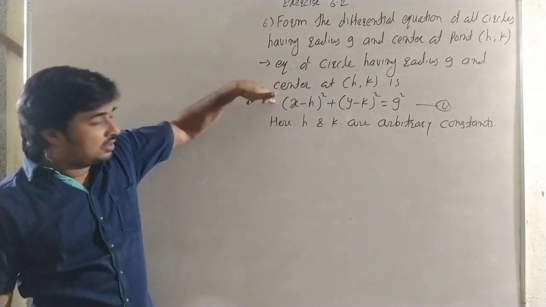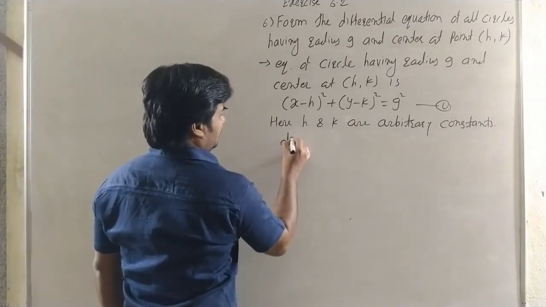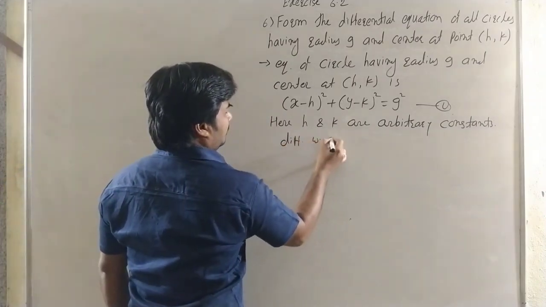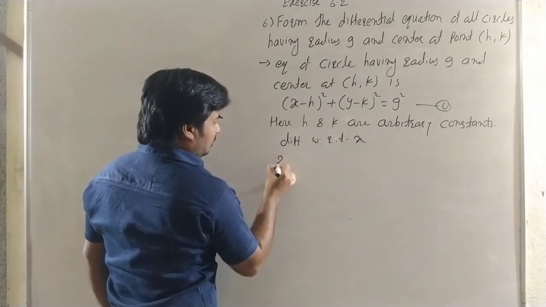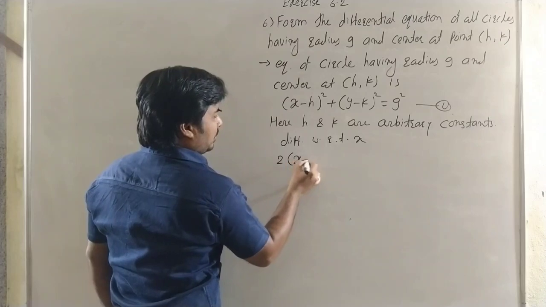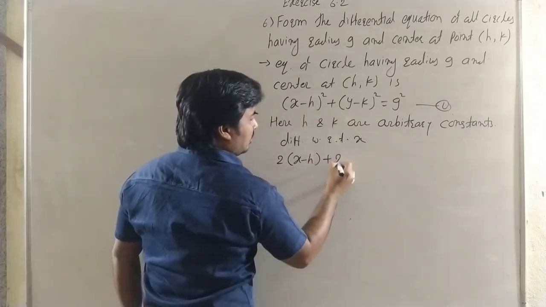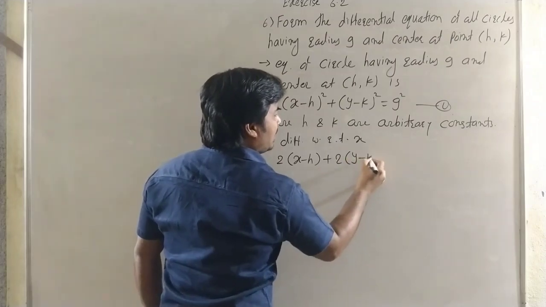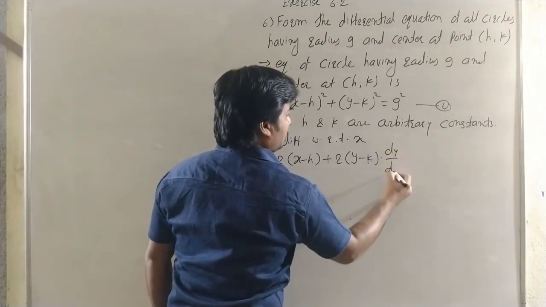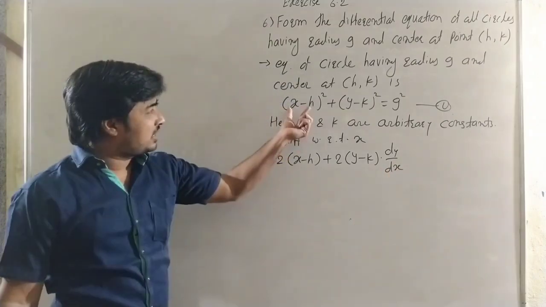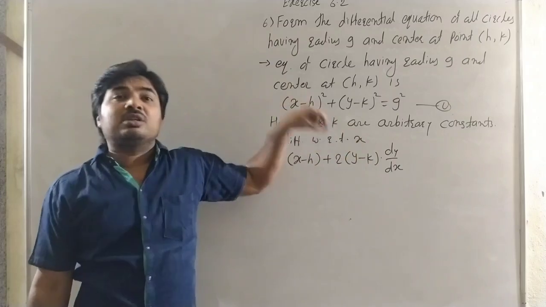Differentiate this equation twice. Okay, here first differentiate with respect to x. The derivative is 2 into x minus h plus 2 into y minus k into dy by dx. Okay, see carefully the derivative. Here it is x minus h square. We use the standard formula for x square.